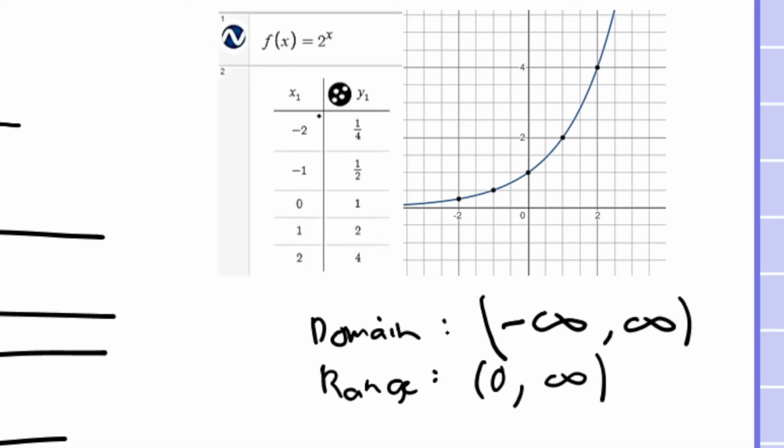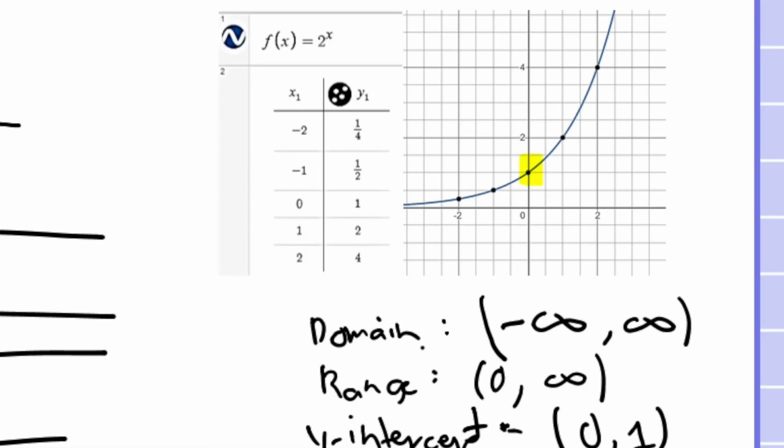What is our y-intercept? Remember, our y-intercept is just 0, 1, because anything raised to 0 is always equal to 1. So, here's our y-intercept: 0, 1.